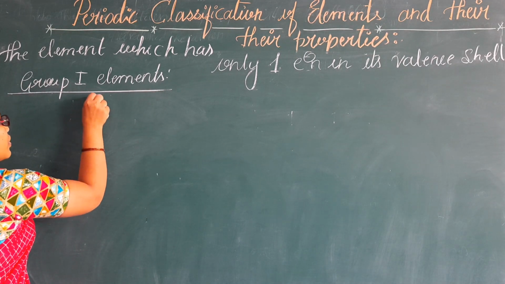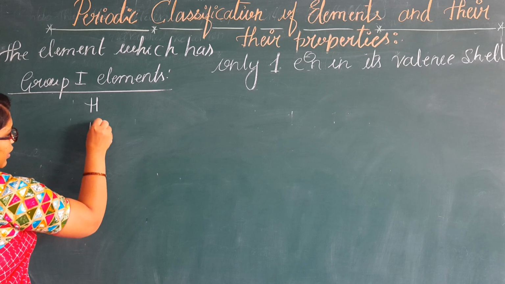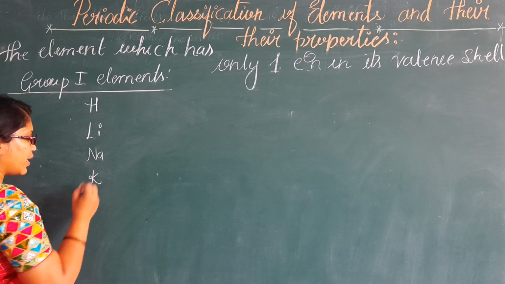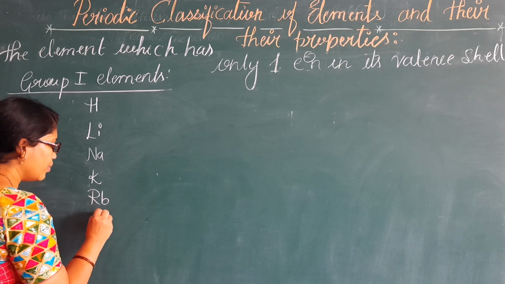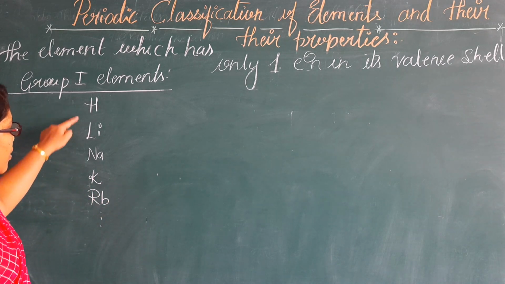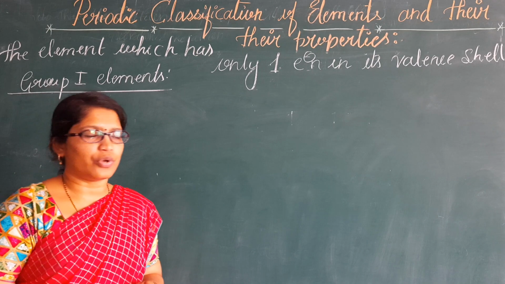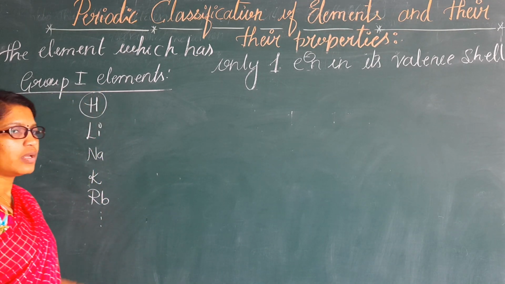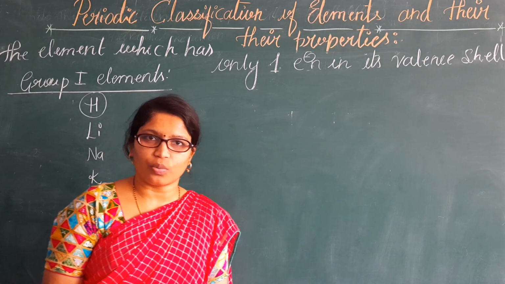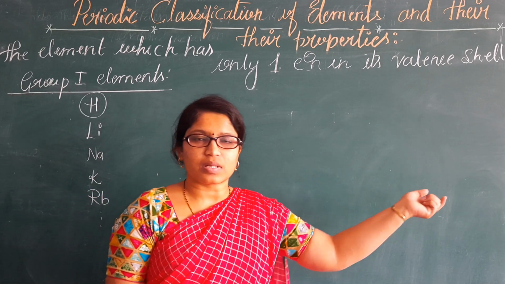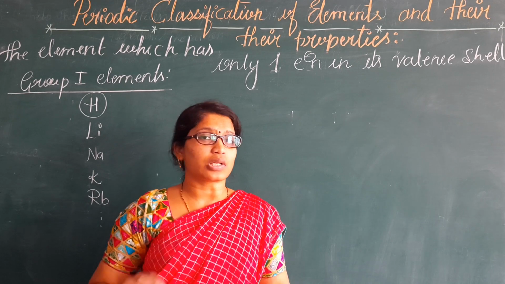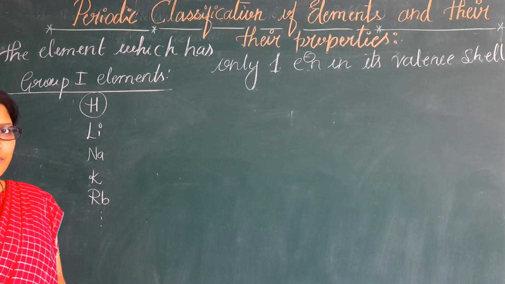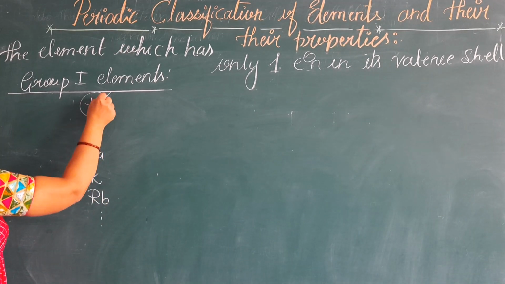It starts from hydrogen, lithium, sodium, potassium, rubidium and so on. Maximum of these elements are enough for you. We know that hydrogen will be placed in alkali metals, that is in group 1, as well as in group 17. So we do not exclusively consider hydrogen as belonging to group 1 itself. Let's consider this as an exception.